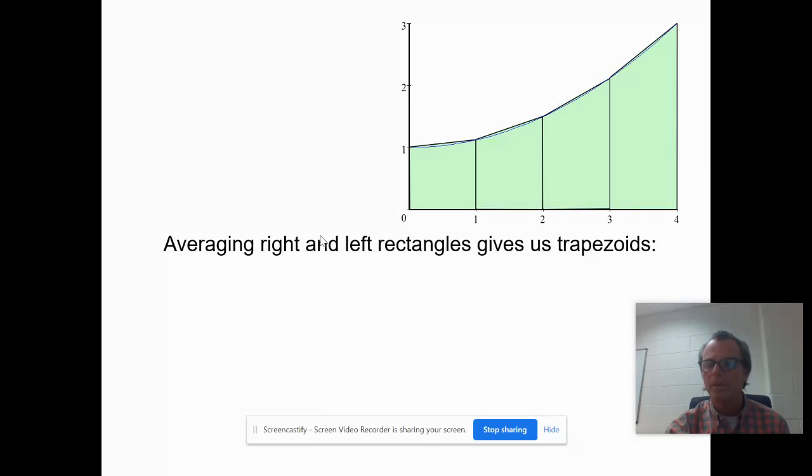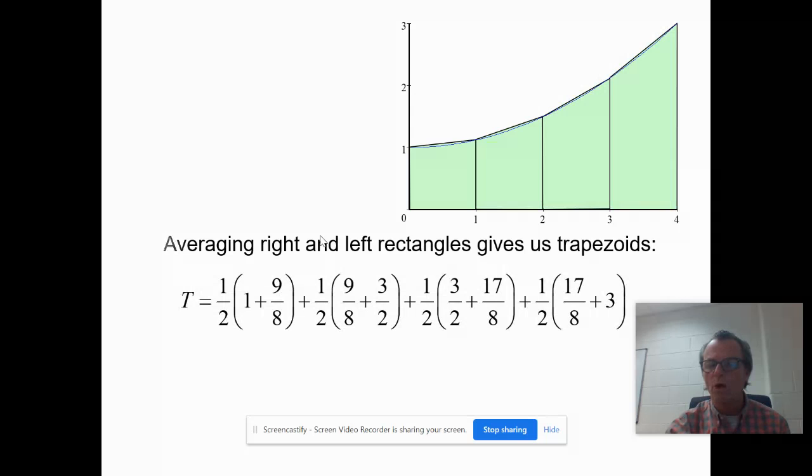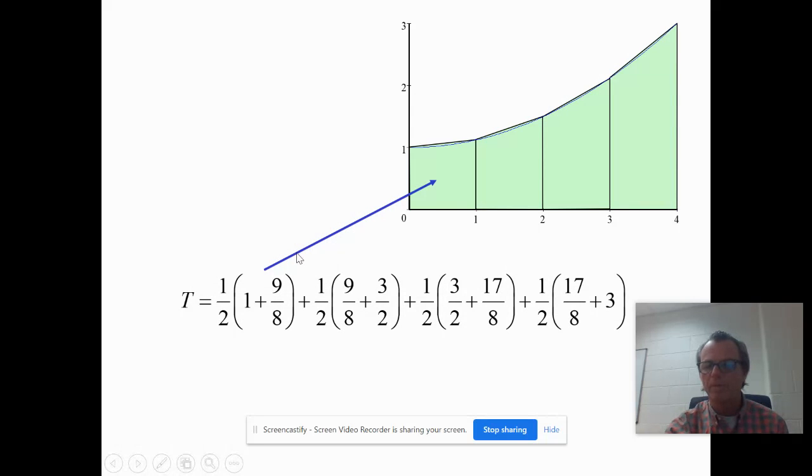So we just look at the one trapezoid. Ready? You're going from the x-axis up to 1. You're going to the x-axis. And what are you doing to the input of 1? You are squaring that and adding 1/8 to it. Oh, I'm sorry, you're squaring it, multiplying by 1/8.